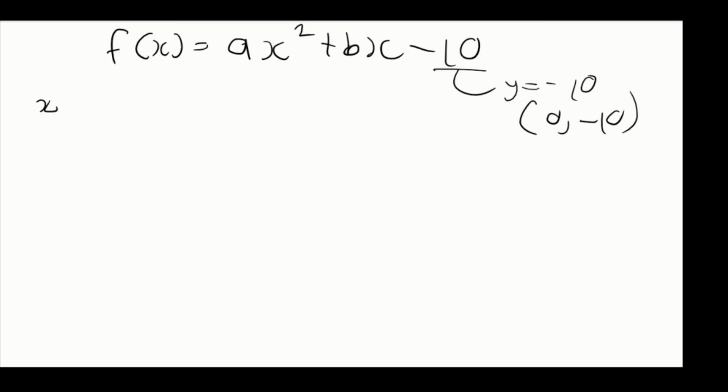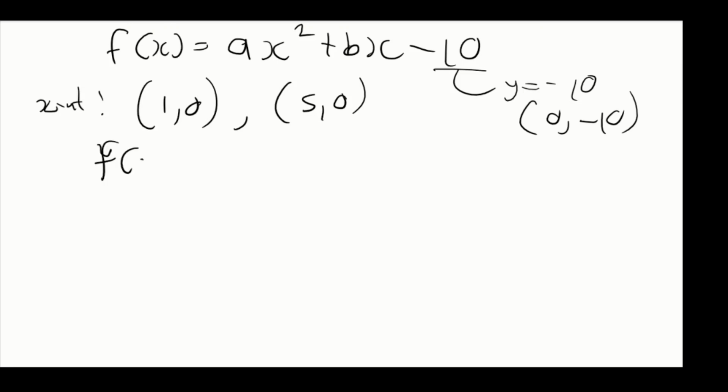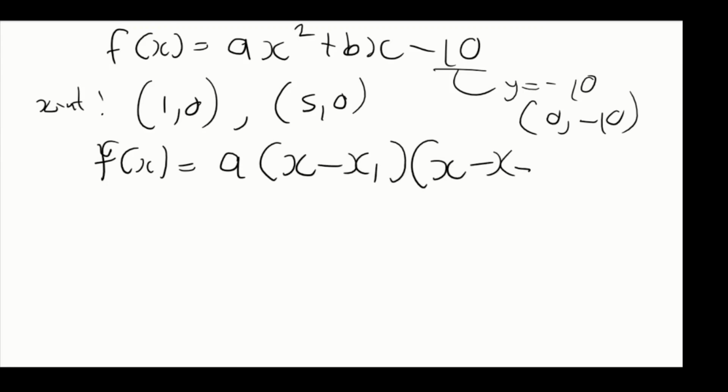And we know our x-intercepts that we found to be (1, 0), and the given one is (5, 0). So you're going to use the equation of f of x being equal to a into x minus x1, x minus x2. Our f of x, we're going to write this as minus 10, and then where we see x, we're going to put 0.